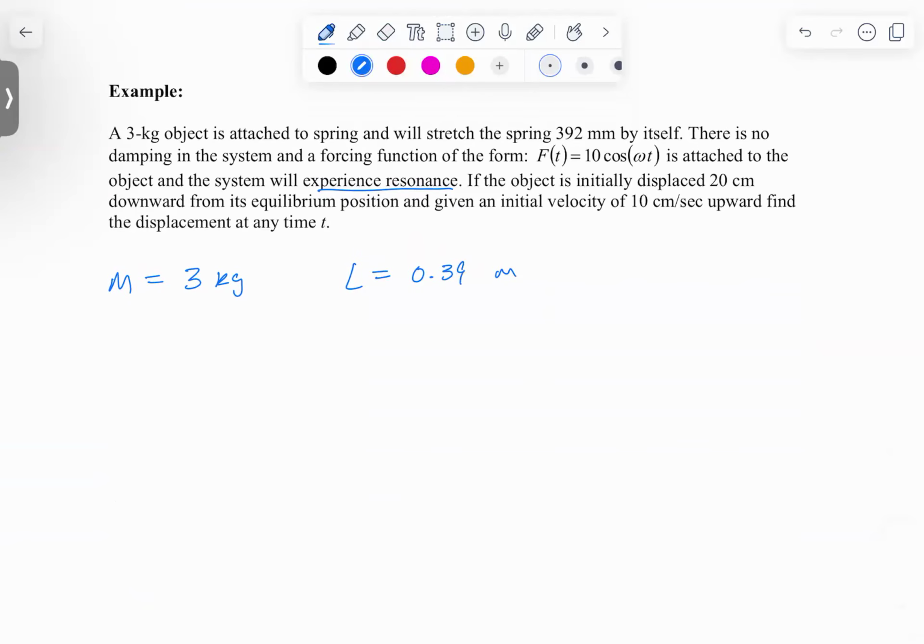F0, which is that 10 from the forcing function, just an FYI. Also, I'm going to use 9.8 meters per second squared.